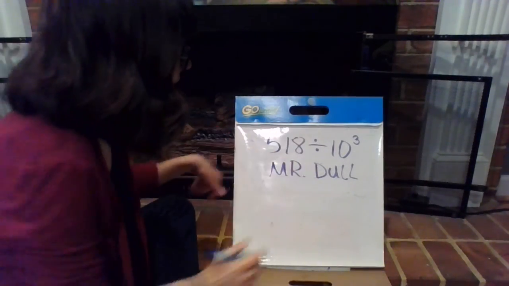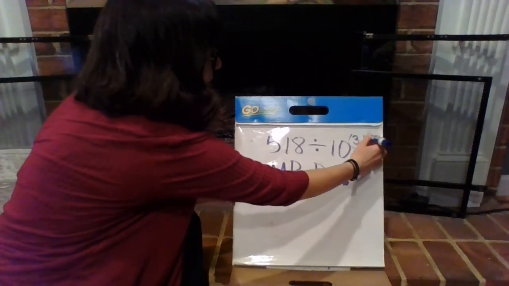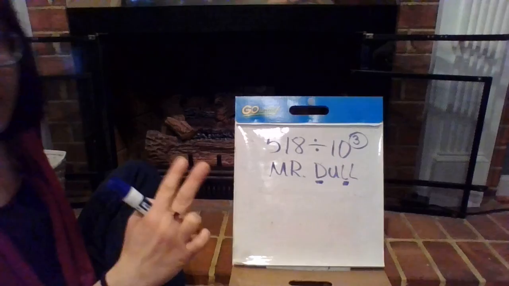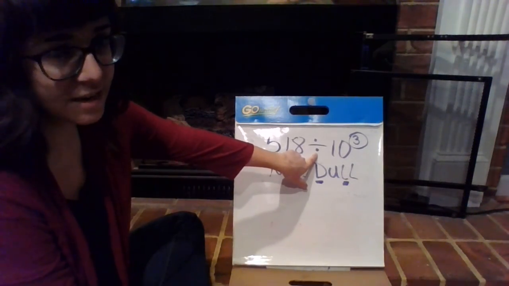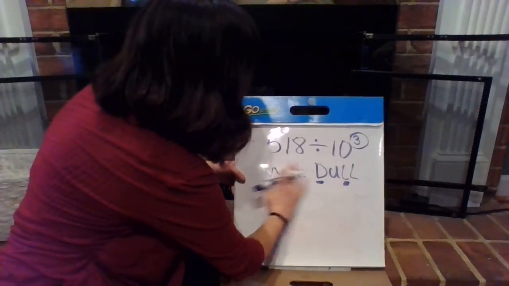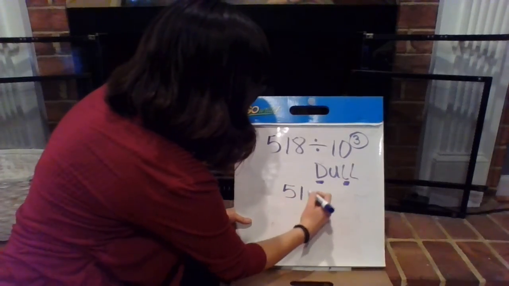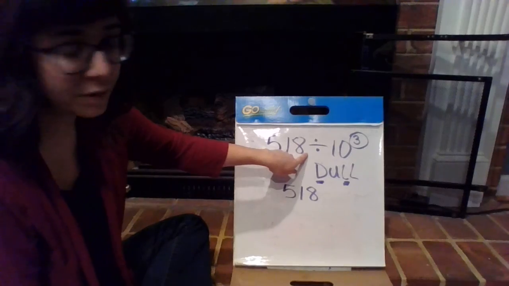Okay, so if I divide, my decimal is going to move to the left, and it's going to move 3 places to the left. Even though this is still 10 times 10 times 10, we are dividing 518 by this amount. So we're going to move the decimal to the left. And in this number originally, I don't have a decimal listed, but I know that the decimal always comes after the ones place.